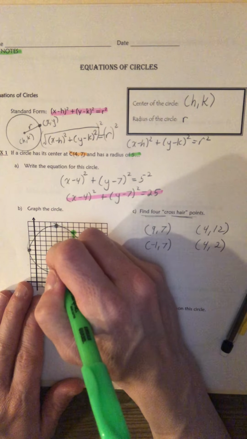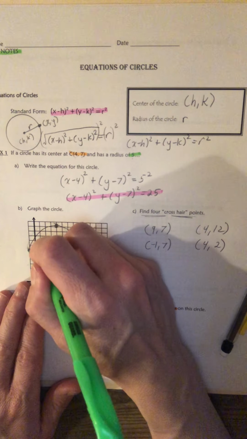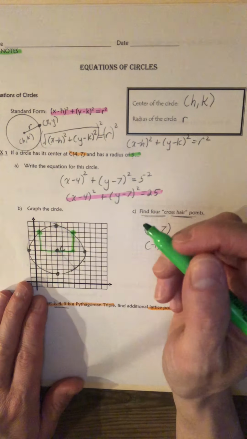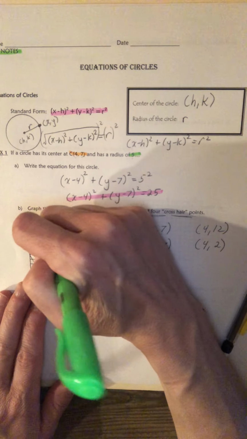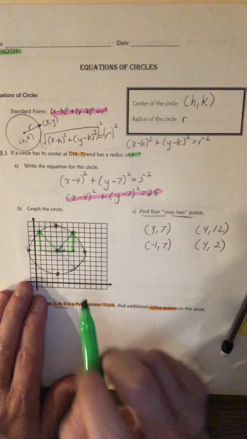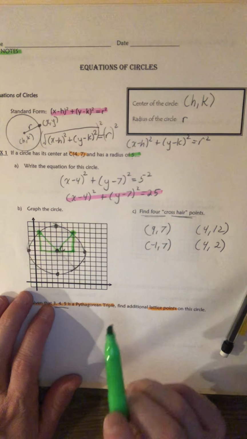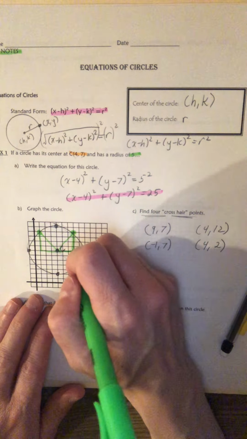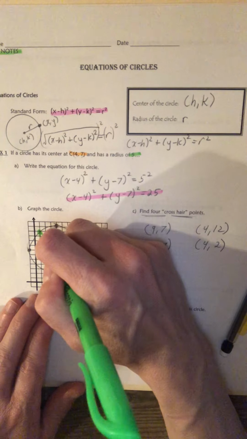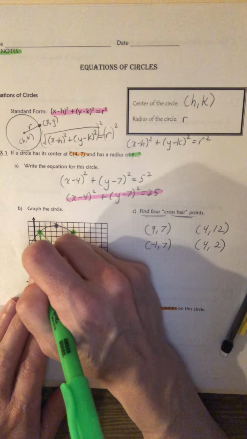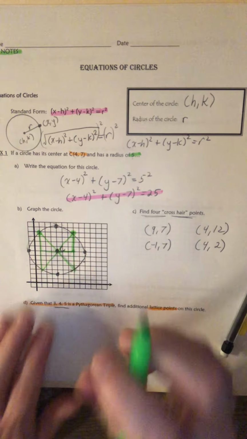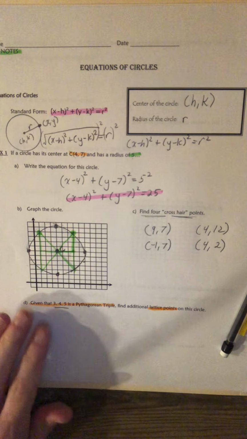Or I can go left 3, up 4, and that should be a point on my circle. The reason why is if I draw the hypotenuse, it should be 5, which is my radius. So I can do that. I can also go down and in both ways.